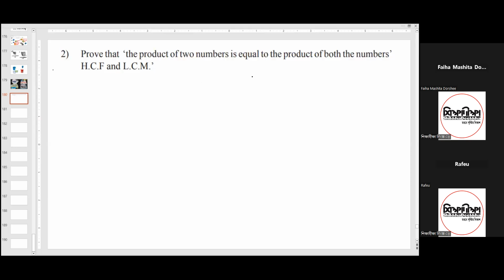We take 12 and 18. The HCF of 12 and 18 is 6, and the LCM is 36, right? If you multiply 6 and 36, you get 216. And if you multiply 12 and 18, we get 216, right?